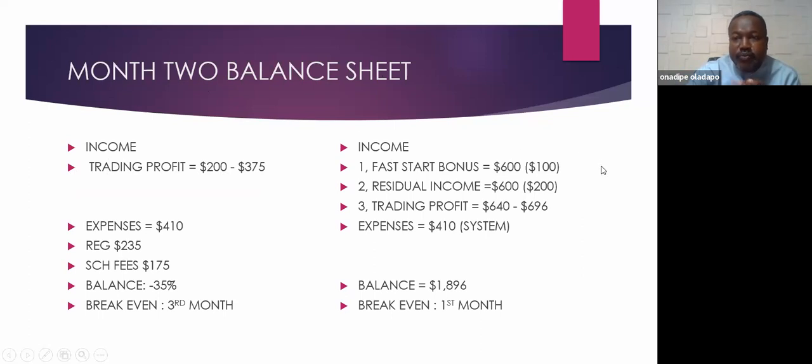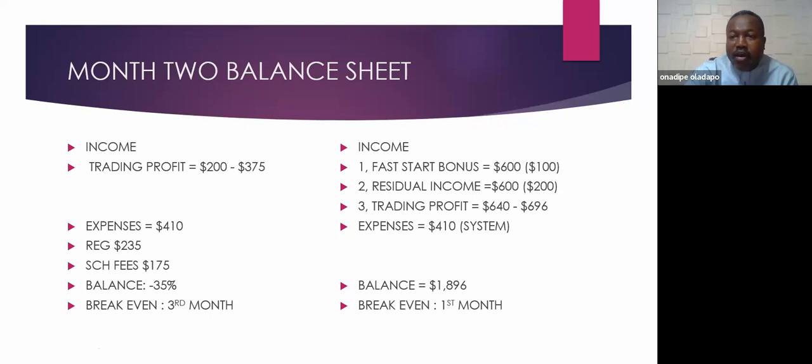He used 500 to put in his trading account. He has $100 left. Residual income of $600, and he's putting $100 every week. So he has $200 in his pocket. So this $300, then as a P150, he has some money. By the time you add all of this together, this person also has a trading profit of 640 to 696.